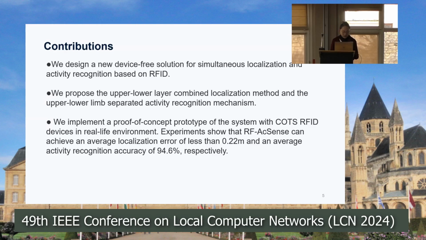Third, we implement a proof-of-concept prototype of the system with low-cost RFID devices in a real-life environment. The experiments show that our system can achieve an average localization error of less than 0.22 meters and an average activity recognition accuracy of 94.6%, respectively.